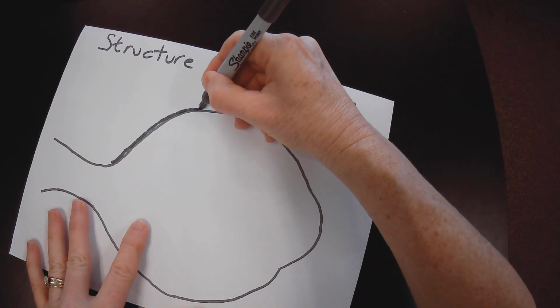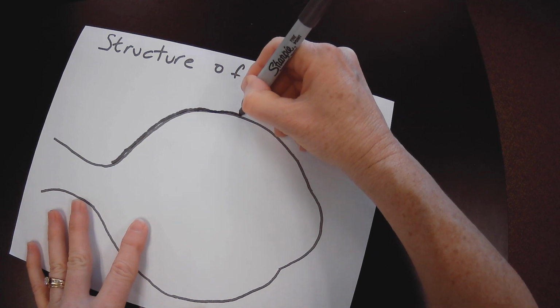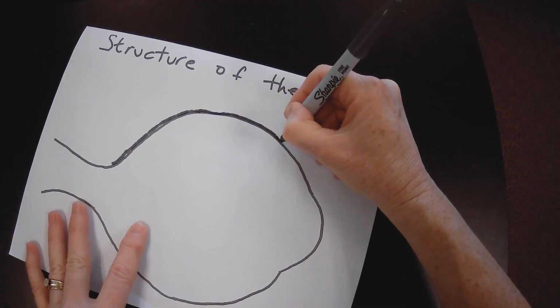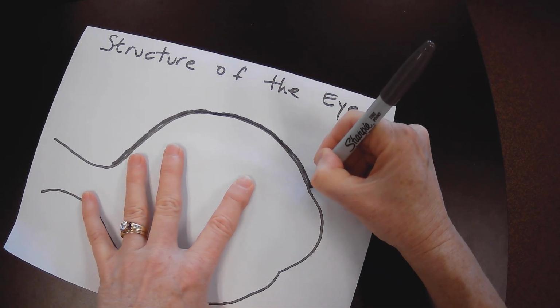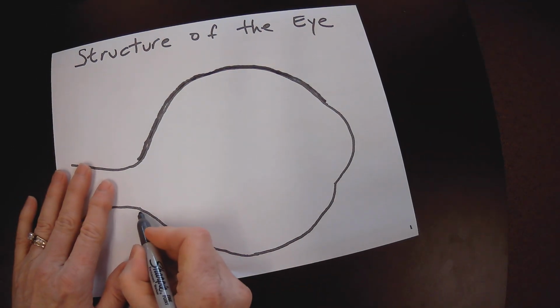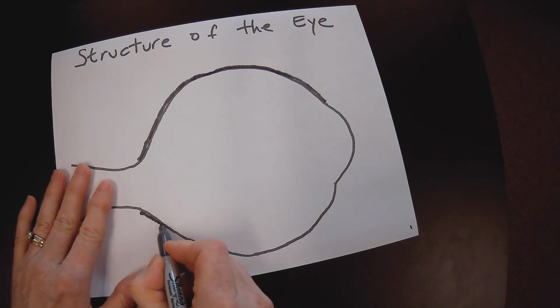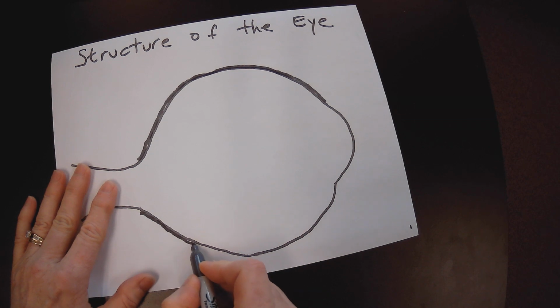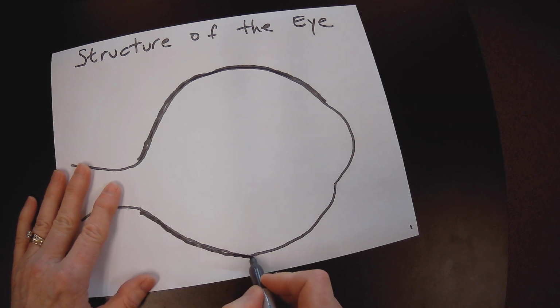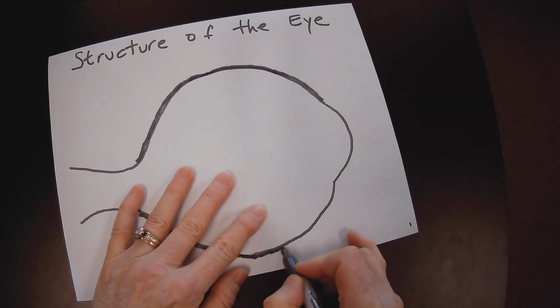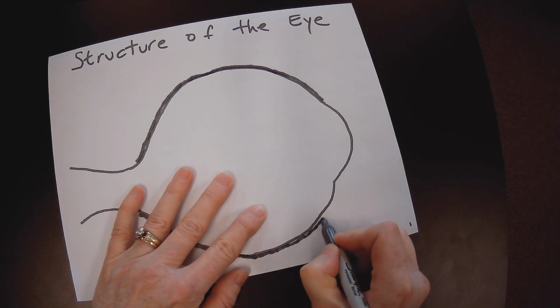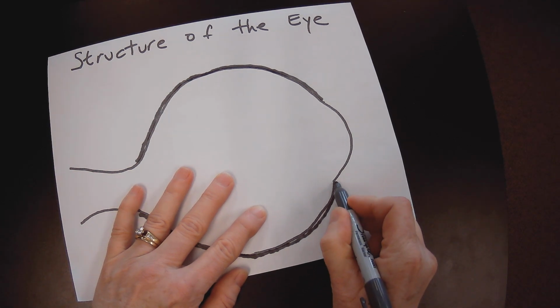The white part goes about 5/6 of the way around the entire eye. One side and then the other side. So all this is a protective layer. That's the white part of the eye.